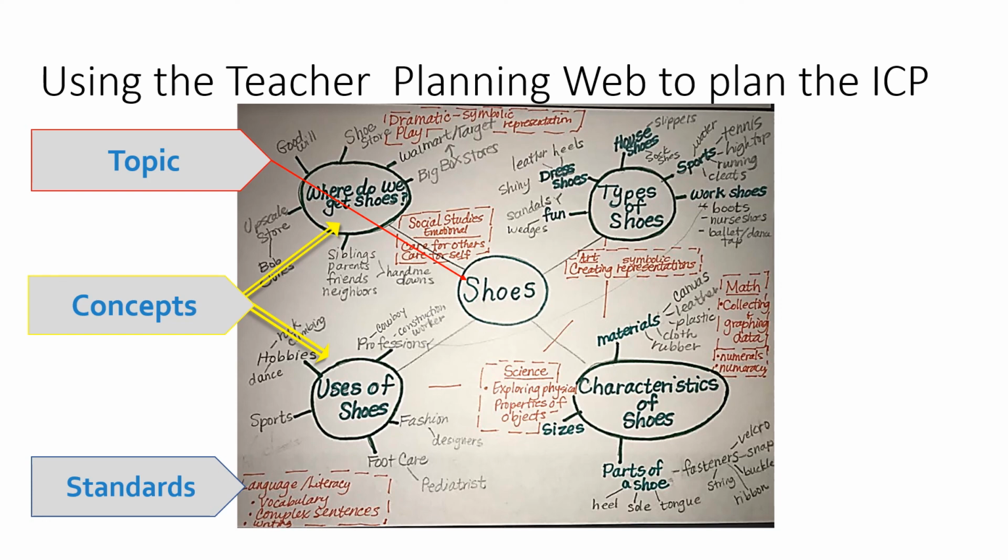We can bring in different types of social sciences because we would be looking at how people help the animals, and we would also be looking at the jobs. We'd also be looking at the uses of the animals on the farm. That would be another connection to science and social studies.